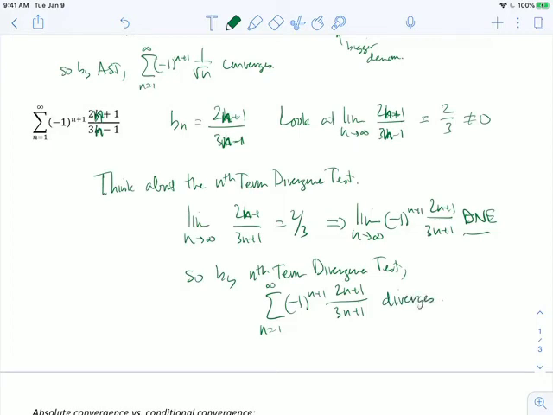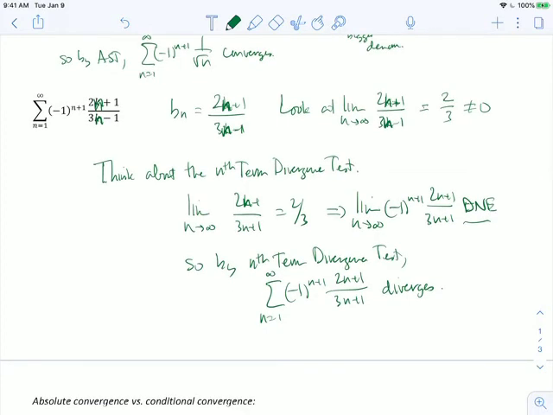So the bottom line with the alternating series test is we can never conclude divergence by the AST. If you go back and look at the statement of the alternating series test, the only conclusion that you're allowed to draw from it is convergence.